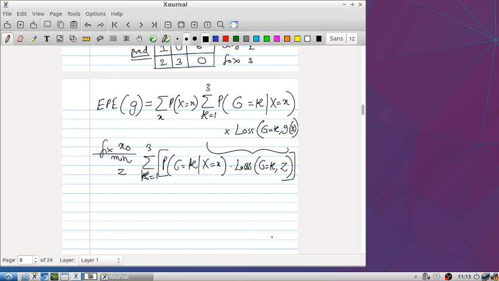That's a little bit of, I guess, a long sentence. All I'm saying is, I want to figure out how to pick z, and my only choices are z equal to 0, 1 or 2. I'm going to choose the z for which this number is going to be the highest.